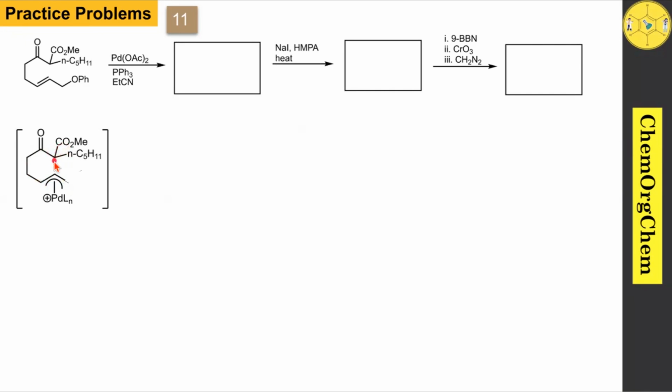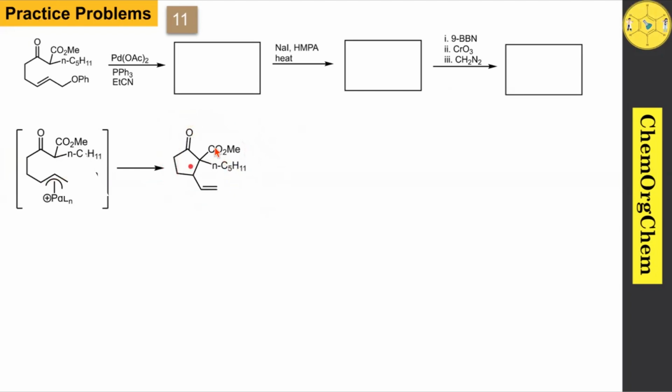Okay, let's start the numbering. This is the number 1 position and 2, 3, 4, 5. If the carbon nucleophile attacks this center, it produces a 5-member ring system. If attack takes place at this site, it could produce a 7-member ring system. This carbon nucleophile, which acts as a soft carbon nucleophile, attacks this site to produce this respective product.